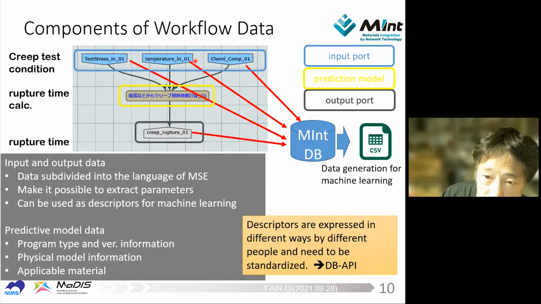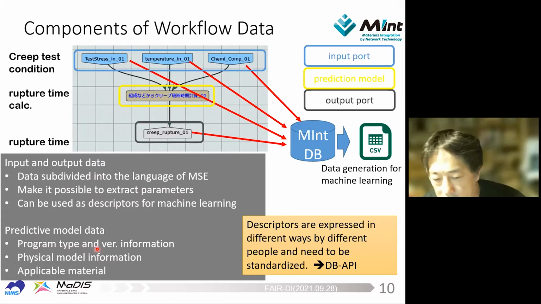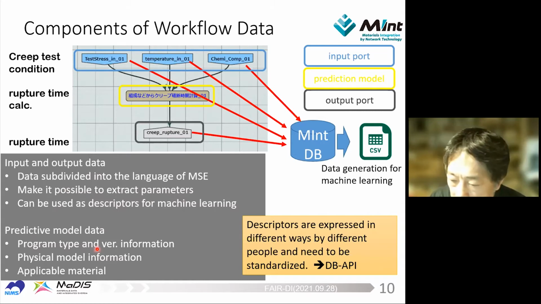And of course, the prediction model has various types of metadata, so we need to store as much as possible. However, descriptors are expressed in different ways by different people and need to be standardized.